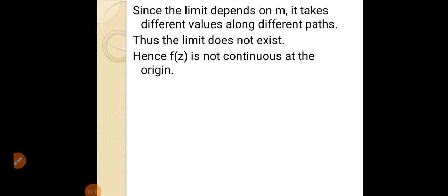Since the limit depends on m, it takes different values along different paths. We can take any value of m, so for different values of m the limit does not exist. Hence f(z) is not continuous at the origin.